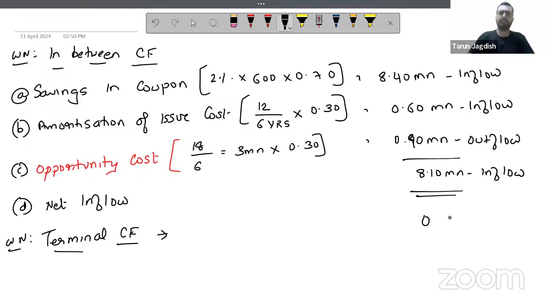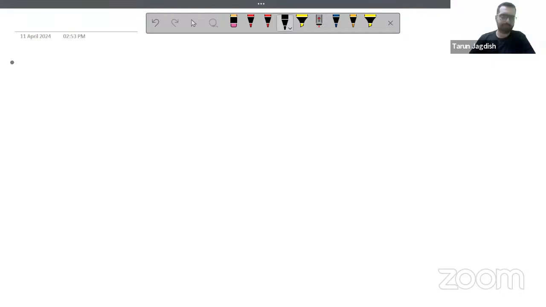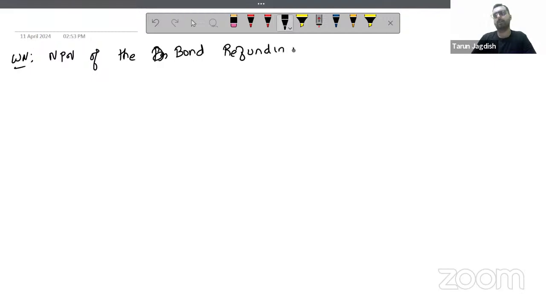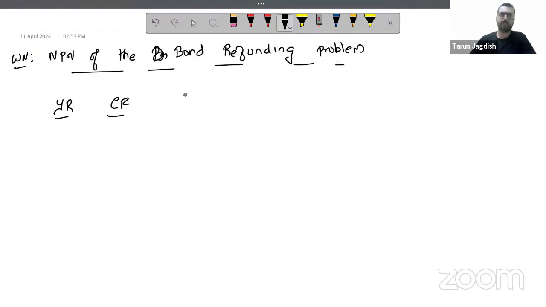Now, based on this, I should calculate the NPV. Here, cash flow, discount factor, discounted cash flow.